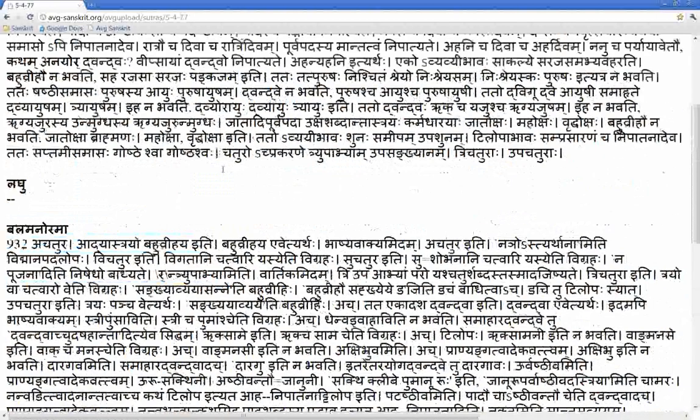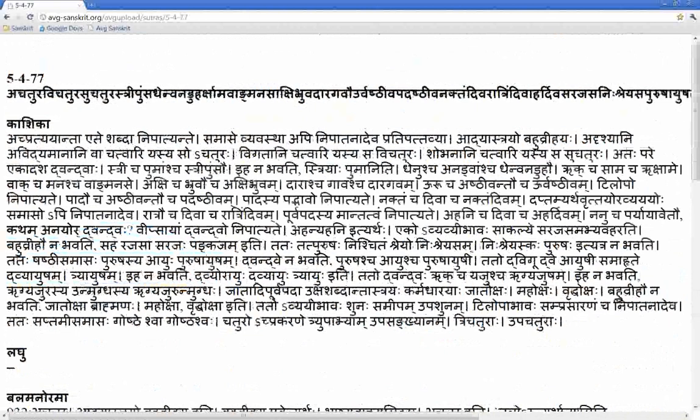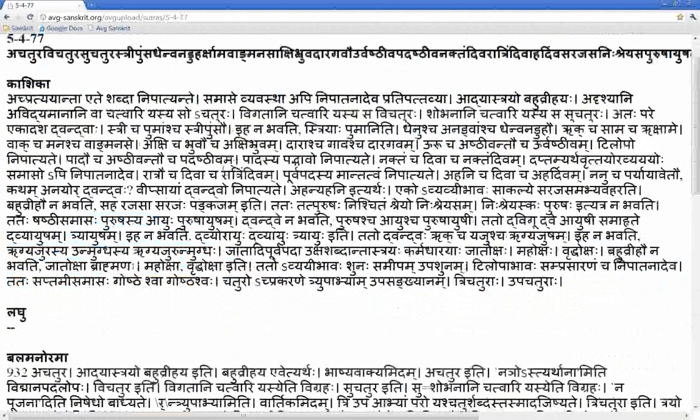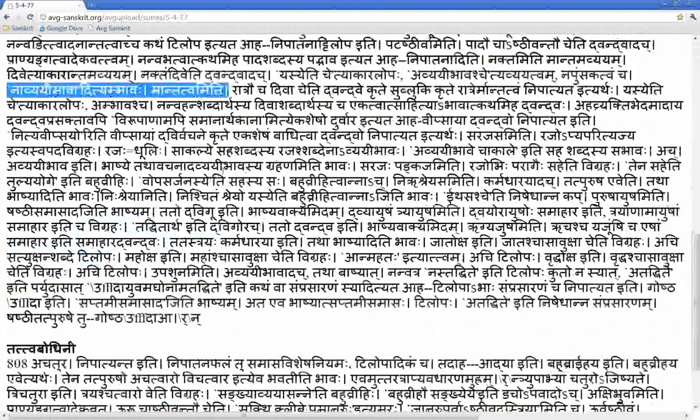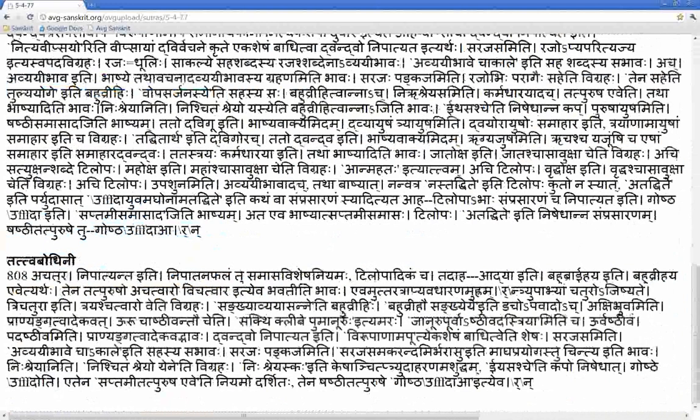I went to Mahabhashyam, I went to Nyasa, Padamanjari, Tattvabodhini, everything. And if you look at Tattvabodhini, he doesn't even comment on that. Unfortunately, there's no comment here on the Dvandva Nipatyate.